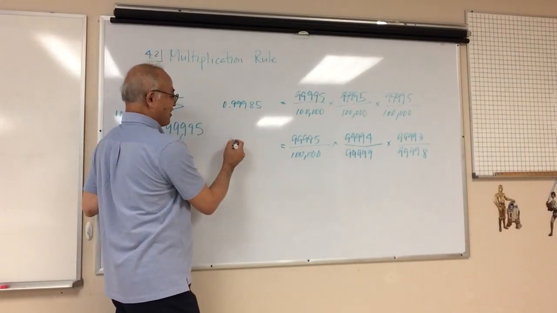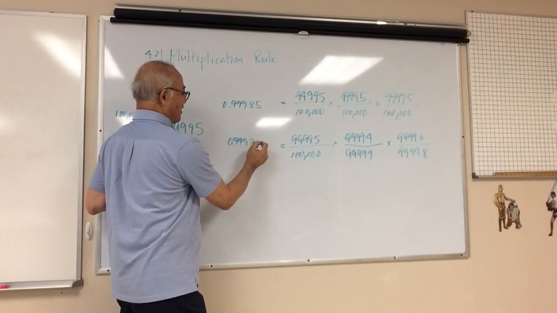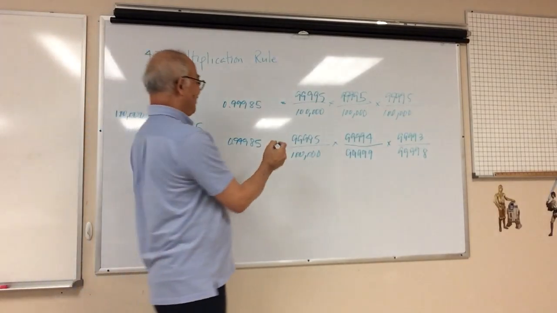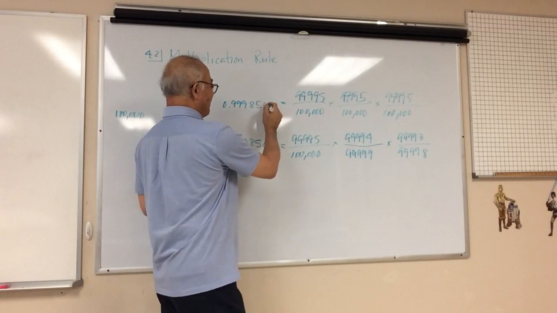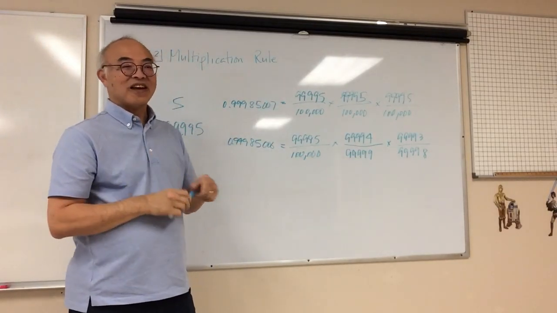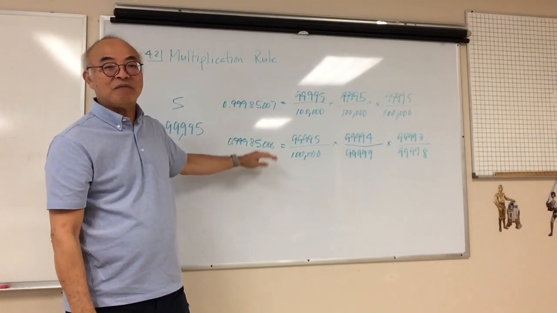What is this one over here? 0.99985. But one of them is 0006, that one's 0006, this one's 006, and this one is just 0075, 007. Oh my goodness.